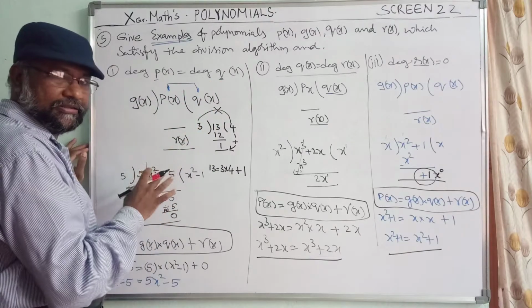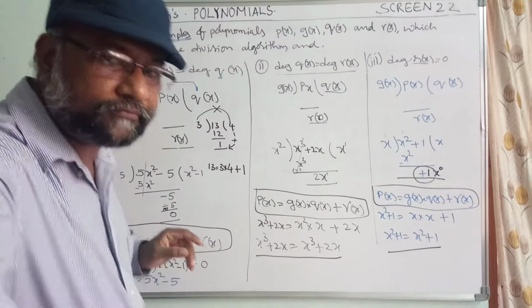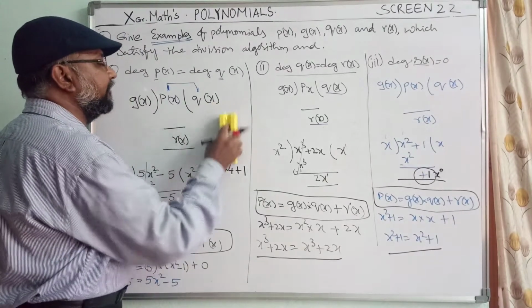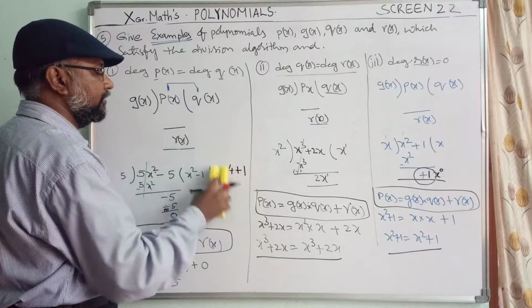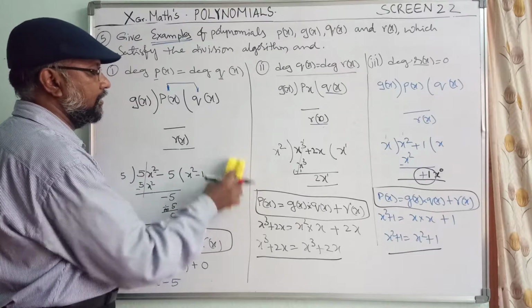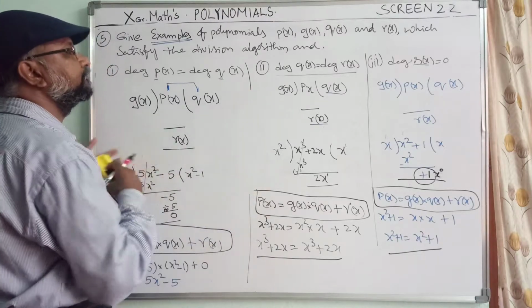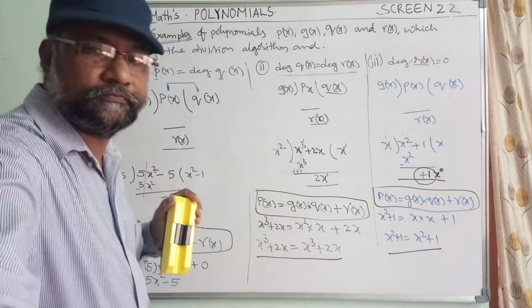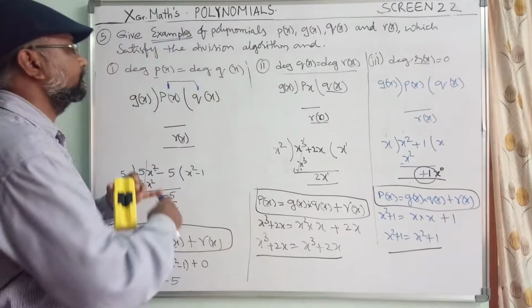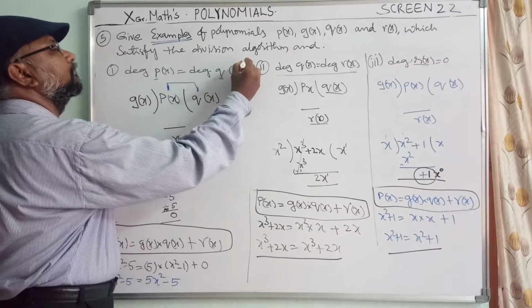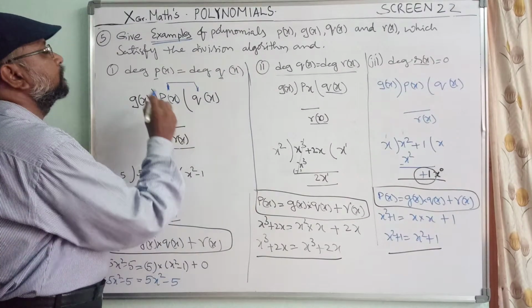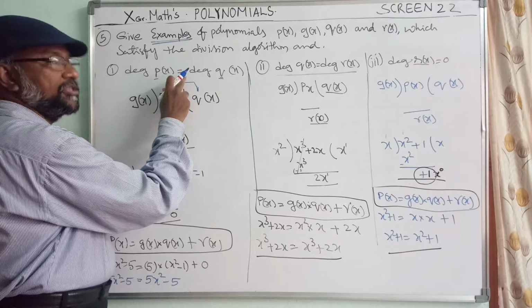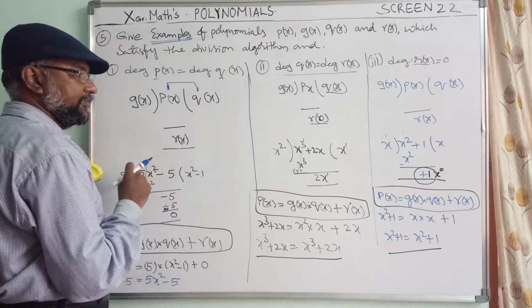Let us check the original algebraic division to understand. Here this is the condition, degree of p of x must be equal to degree of q of x.